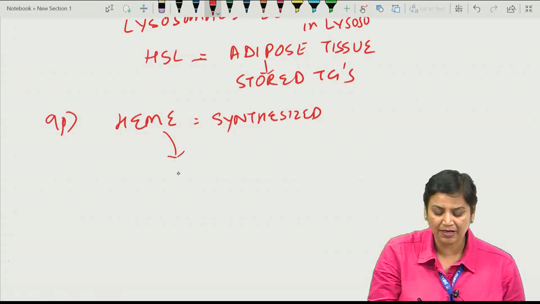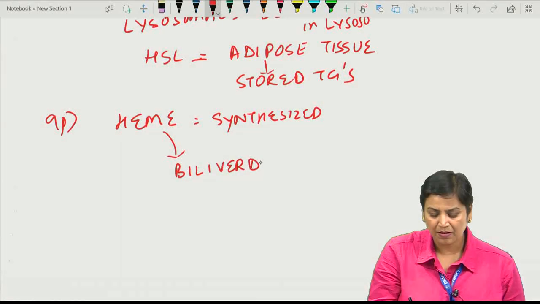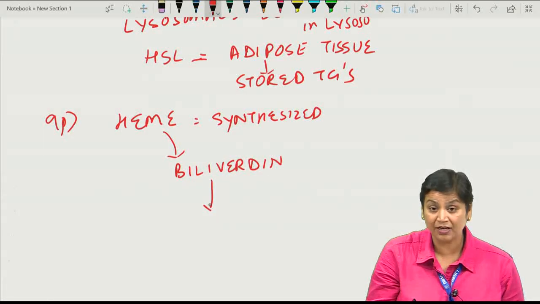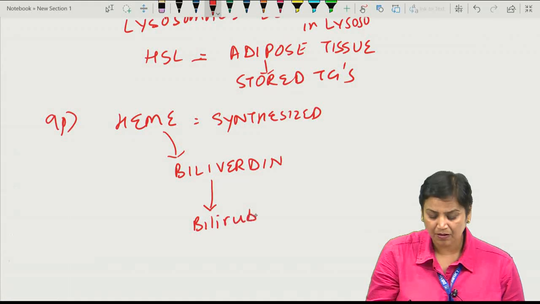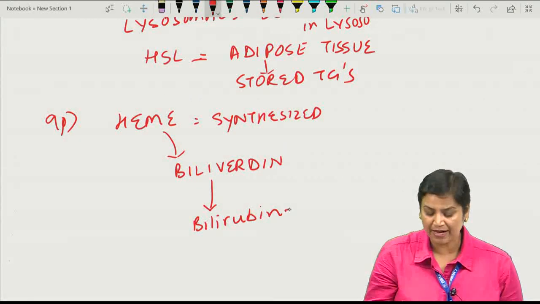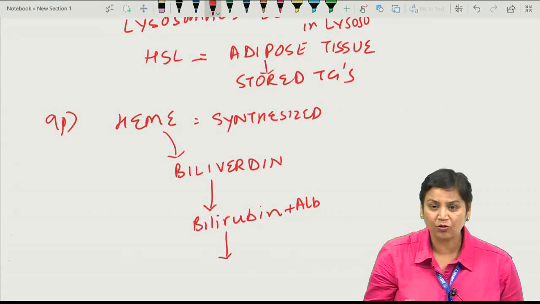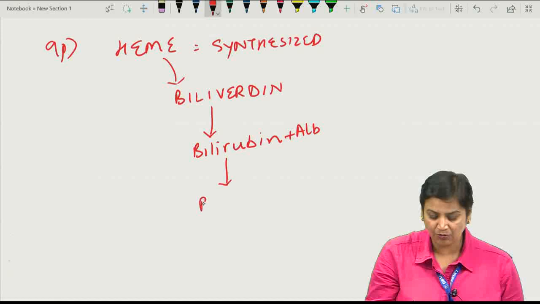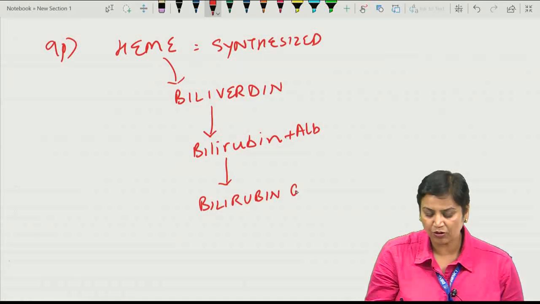Degradative product of heme is biliverdin, which is converted in the presence of biliverdin reductase to bilirubin. This bilirubin binds with albumin, enters the liver, where it undergoes glucuronidation, forming bilirubin glucuronide.